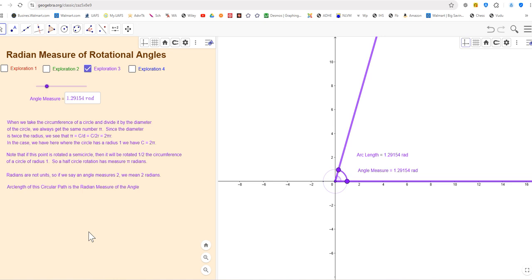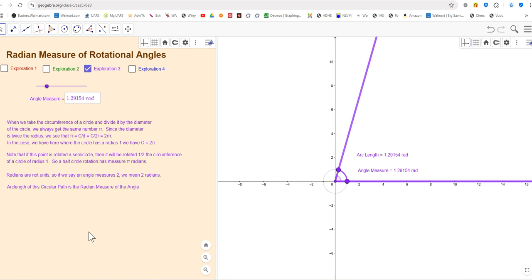When we take the circumference of a circle and divide it by the diameter of the circle, we always get the same number. That's pi. Turns out it's an irrational number. Since the diameter is twice the radius, we see that pi is the circumference divided by the diameter, or the circumference divided by twice the radius.